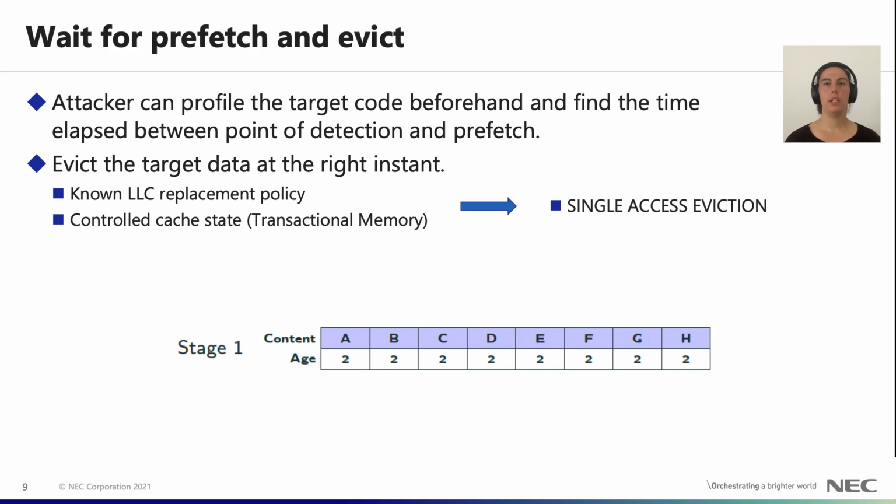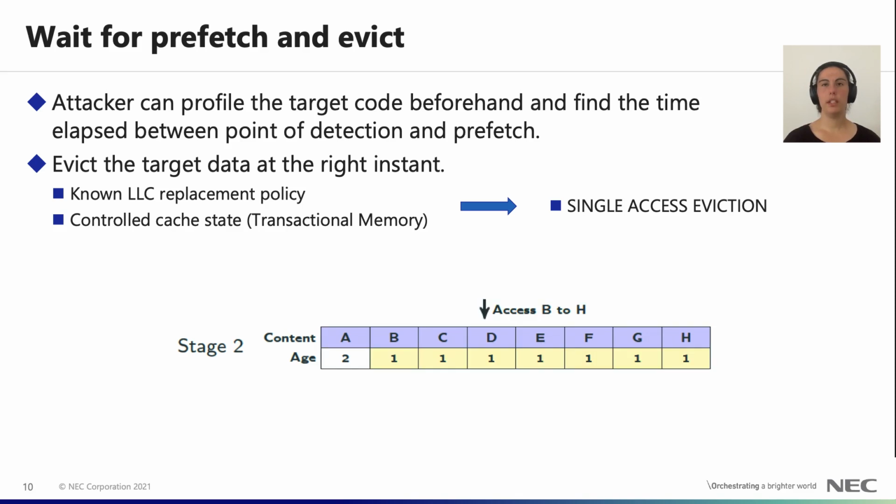That is, if we assume that we have a cache set like the one depicted in this figure, the order of eviction of the elements in case of conflict will depend on two facts: on the one hand, the ages of all the blocks, and on the other hand, the location of each of the blocks. So we need to make sure that the element that has just been prefetched automatically becomes the eviction candidate.